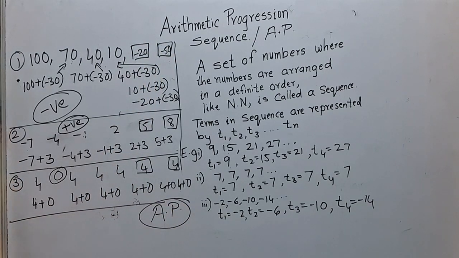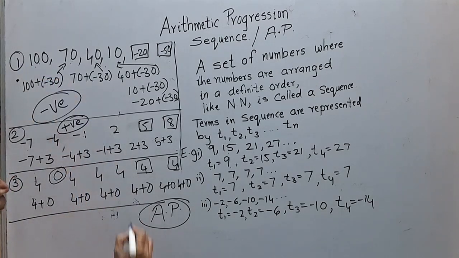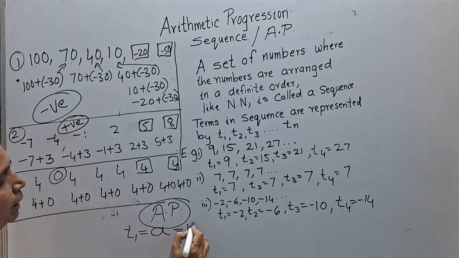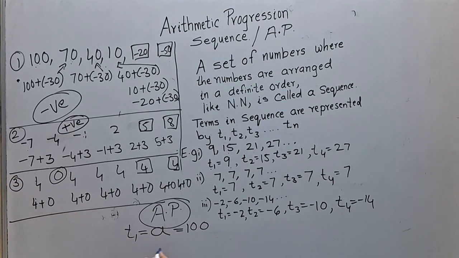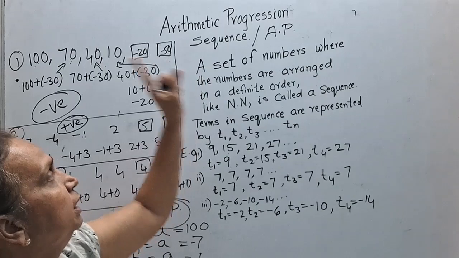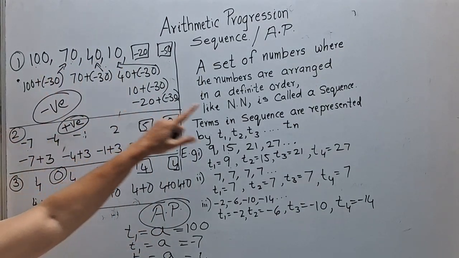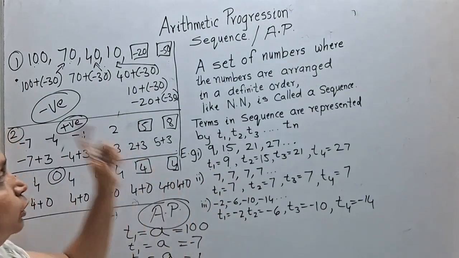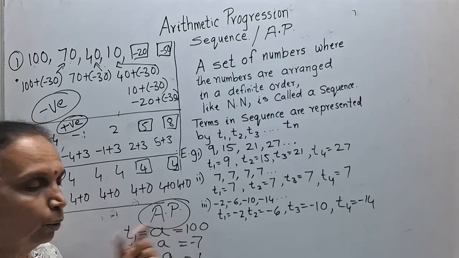The first term, T1, is also called A. In the first example it is 100, in the second example it is minus 7, in the third example it is 4. So T1 is nothing but A in a particular arithmetic progression. So a sequence arranged in a definite order whose difference is constant is said to be an arithmetic progression.